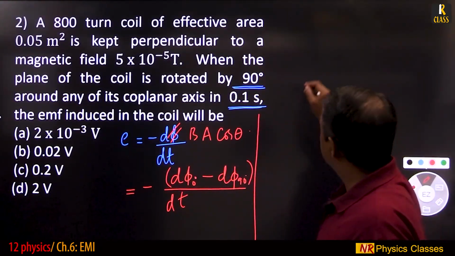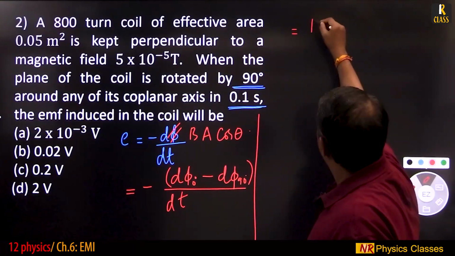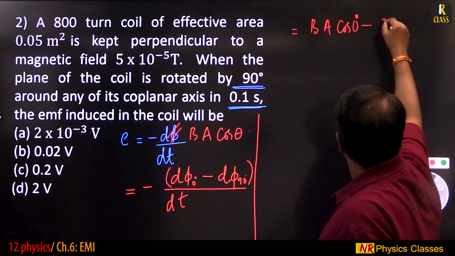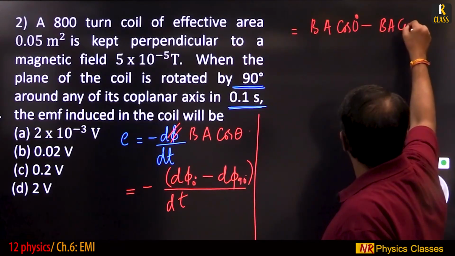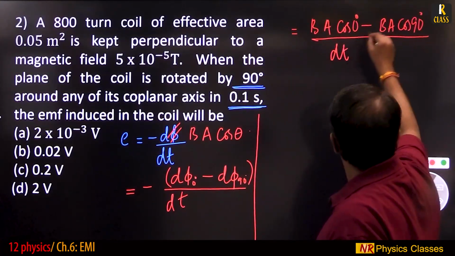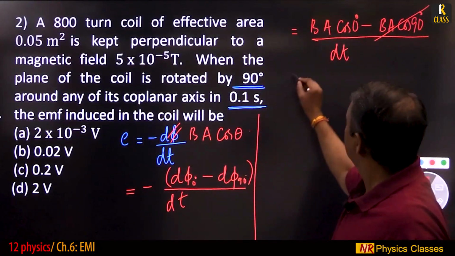What is the initial flux? BA cos 0, then BA cos 90, by dt. BA cos 90 is 0.